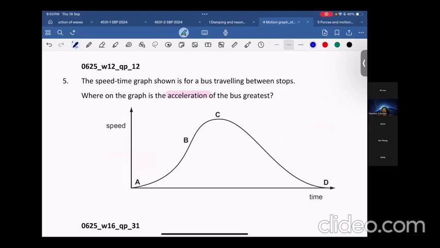Okay dear. Acceleration. From the speed time graph, how do we find the gradient? As I told you, we can draw the line to show the gradient. Which one has the highest gradient? The answer is B, the steeper line.